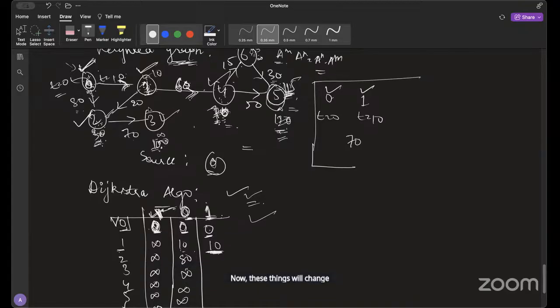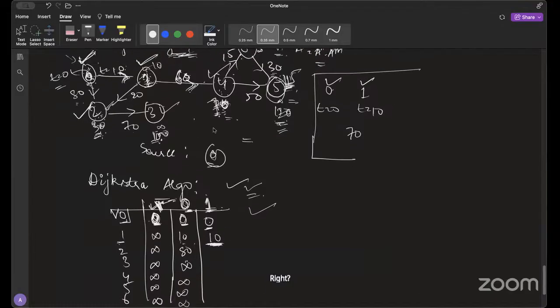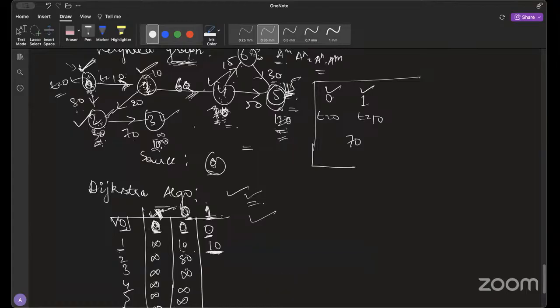Now when you look at this thing, you have a 20 here and a 70, a 60 here, right? So 10 is what takes you to reach 1, and then you'll add a 60 to it. So let's just go to the third one first. To reach the second one, this is 10 and this is 20.